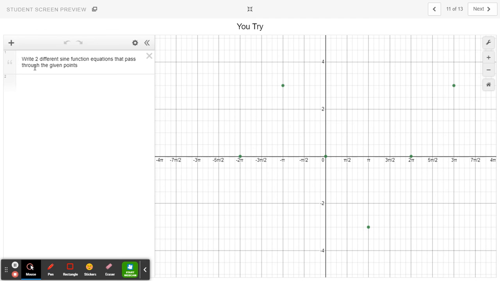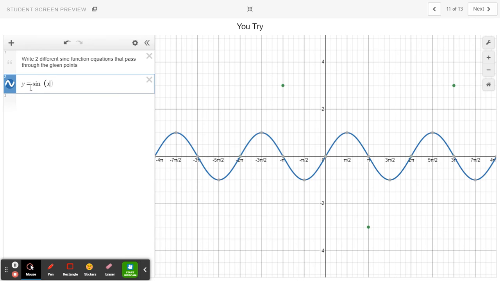All right, another one. It says two different sine functions that pass through the given points. So what are those going to be? Let's start with our parent function, y equals sine of x.